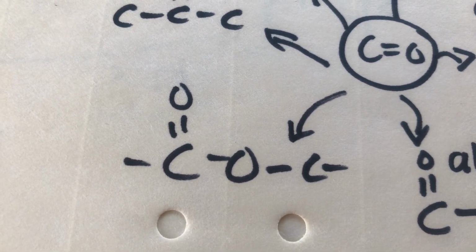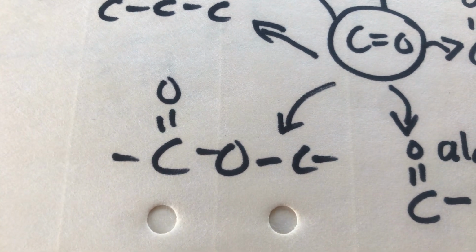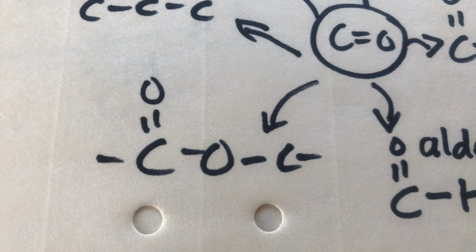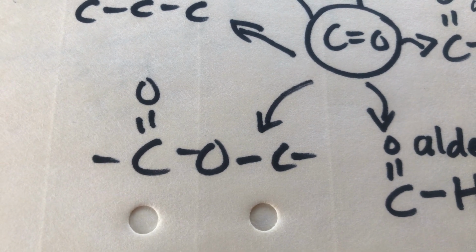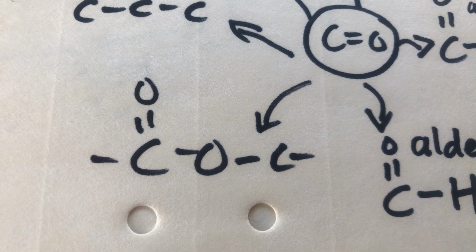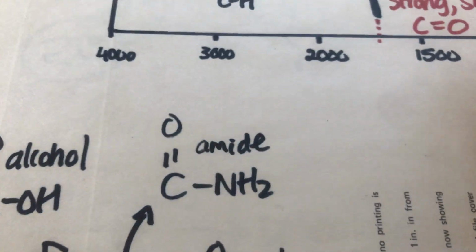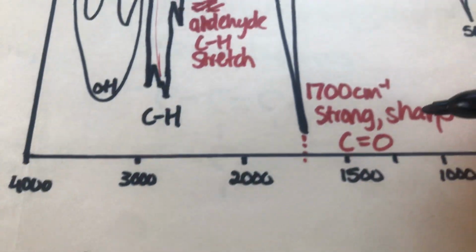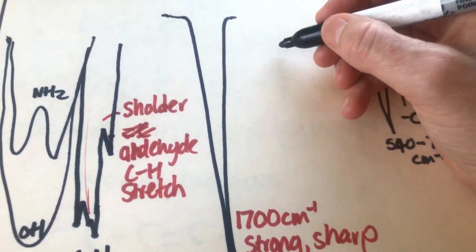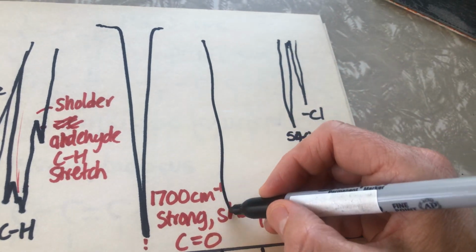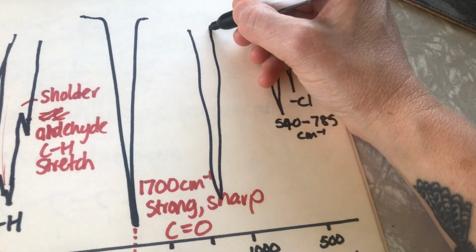Okay, let's carry on now for the ester. What we're looking for in addition to the carbonyl peak for an ester is at least one strong peak at around 1300. Here's my 1300, and this will actually be a reasonably strong peak. Remember, strong meaning long, sharpish.